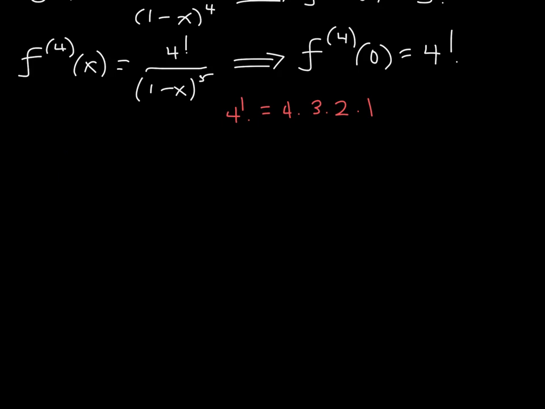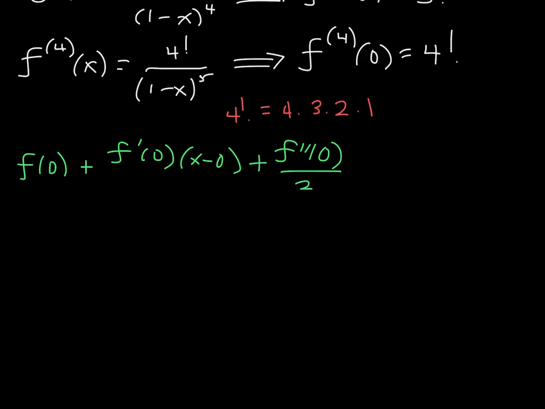So the Maclaurin series, which is a Taylor series centered at 0, is f of 0, that's 1, plus f prime of 0 times x minus 0, plus f double prime of 0 over 2 factorial times x minus 0 quantity squared, and then plus, etc. We know how to build that. That's the reason why I started with the number 1, because f of 0 is 1.